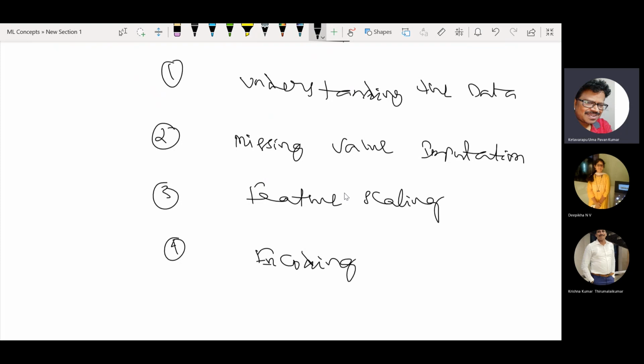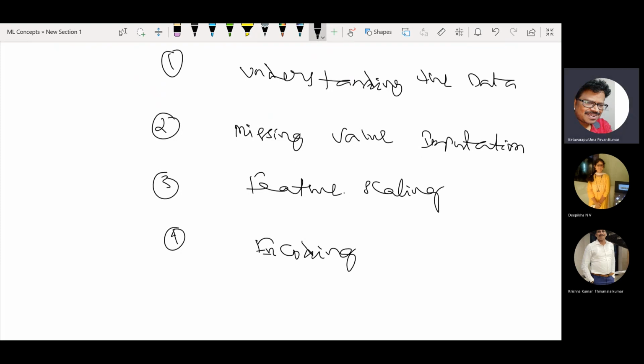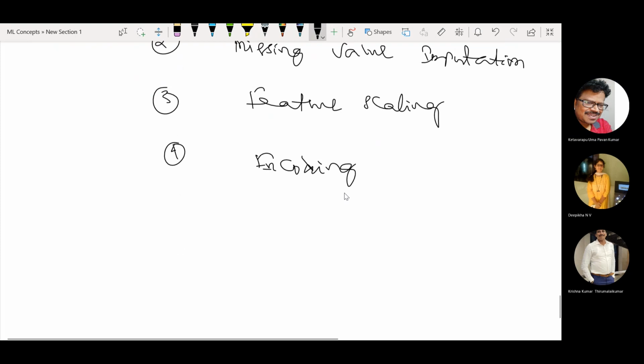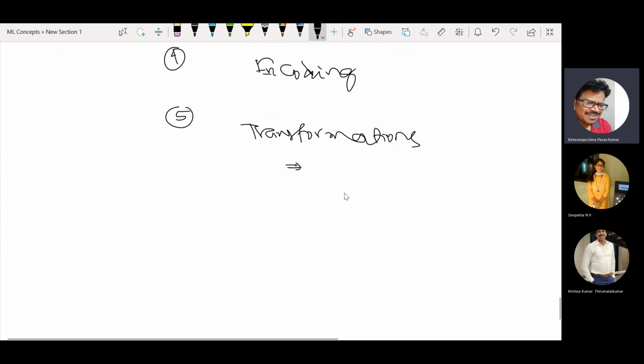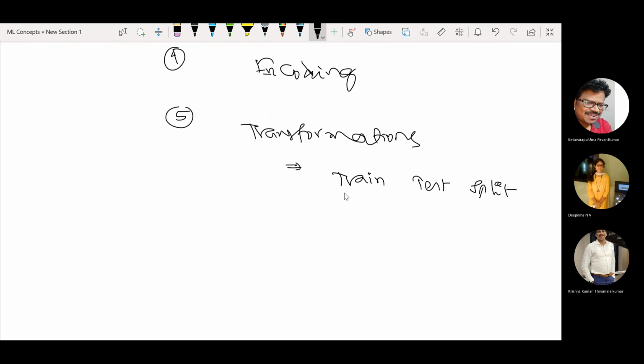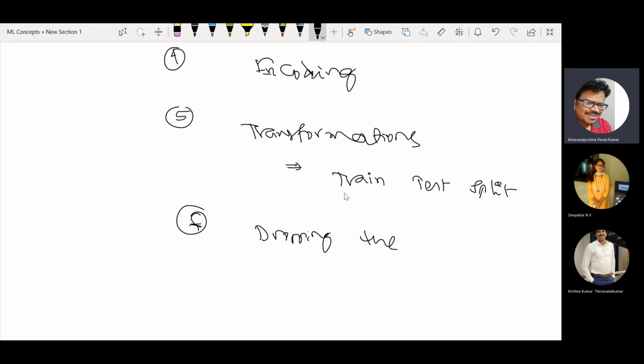Encoding means one-hot encoding, dummy, all these kinds of things, and other transformations, like you need to handle train test split, and most importantly, dropping the unused or unimportant dimensions, because unnecessarily these things create some trouble.